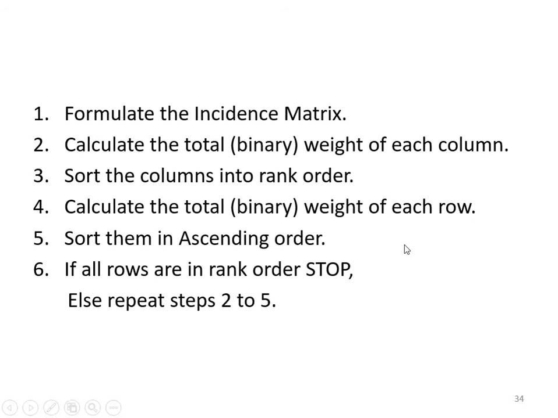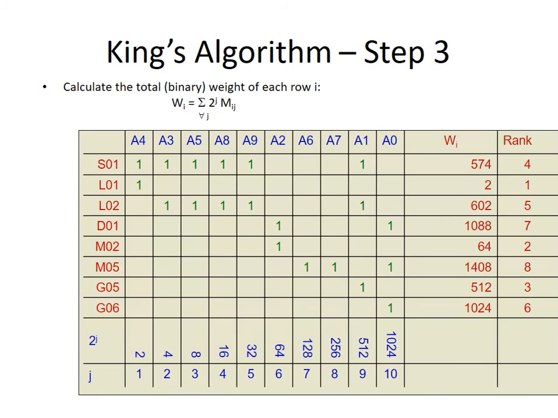Now we calculate the same way what we did for each column, for each row, which are the component level. The same procedure we followed for machines, we do here, but only now we are considering each column. In the column, as you can see, we have given the j value 1 2 3 4.